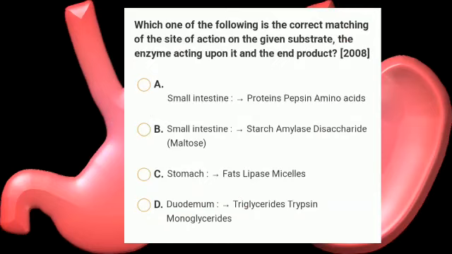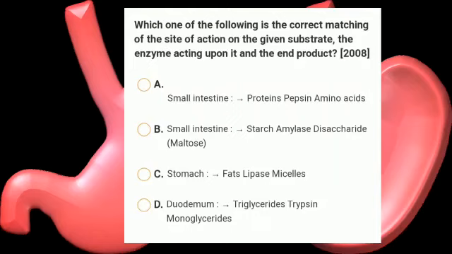Small intestine, protein, pepsin, amino acid: actually, pepsin is present in the stomach, not in the small intestine, so the first option is wrong. Stomach, fat, lipase converting into micelles: micelles are formed in the small intestine, not in the stomach, so option C is wrong.